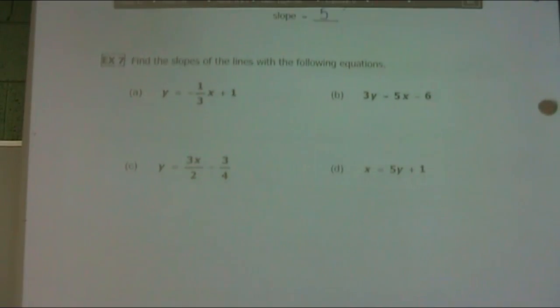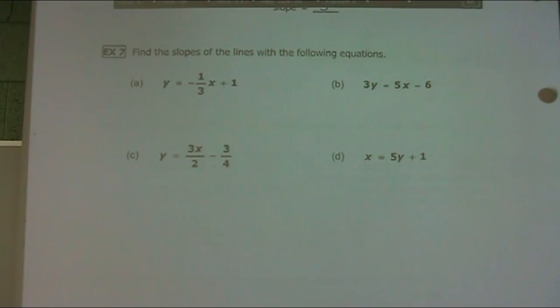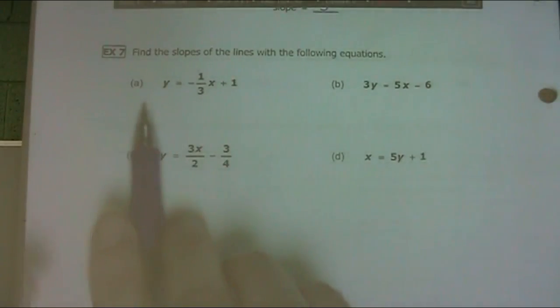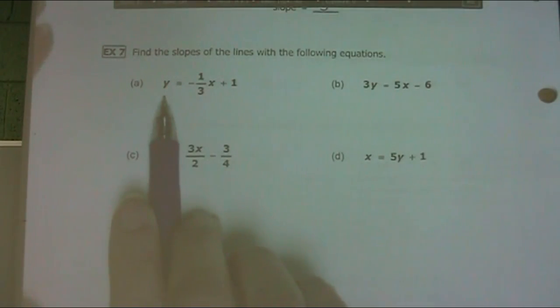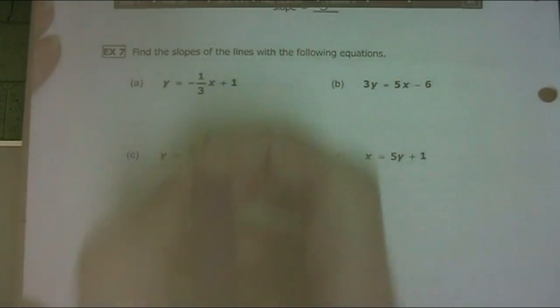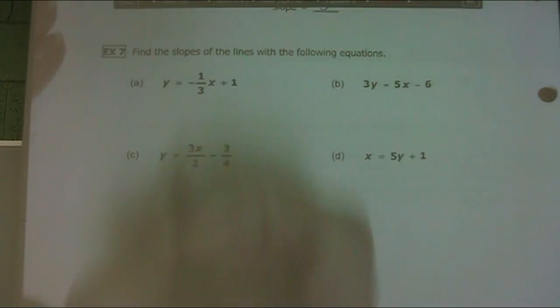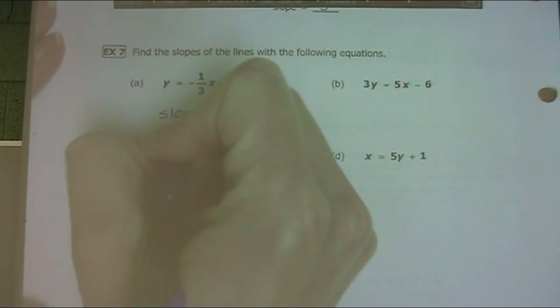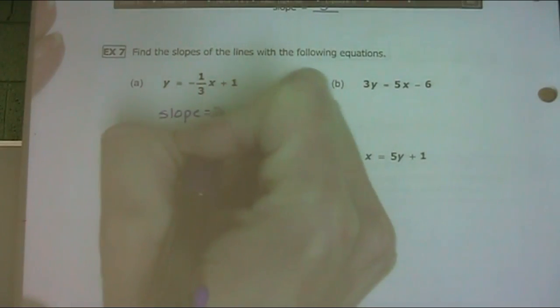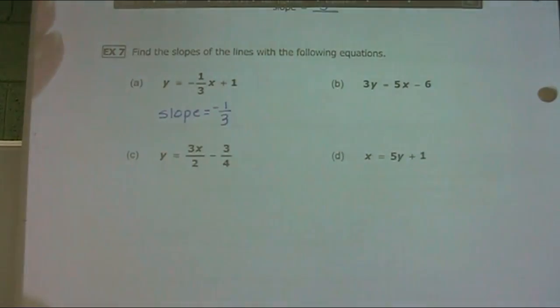So let's go down to example 7, and we have 4 equations where we're going to find slope. This first one, A, this is in perfect slope-intercept form. So our slope is what's in front of x, or the coefficient of x. So slope equals negative 1/3.